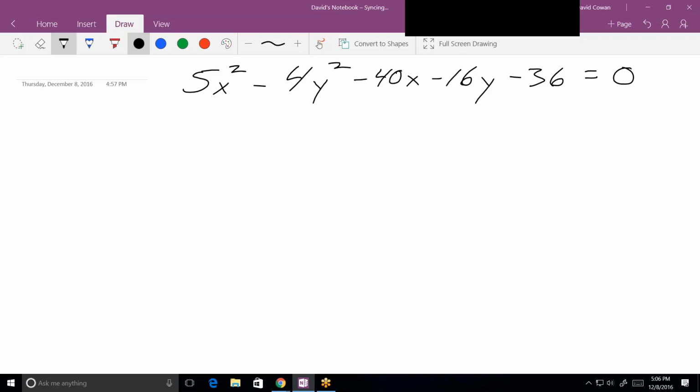So it's definitely a hyperbola, and is it horizontal or vertical? Actually, it's horizontal if the negative sign is in front of the y squared. Let's write the general formula over here.